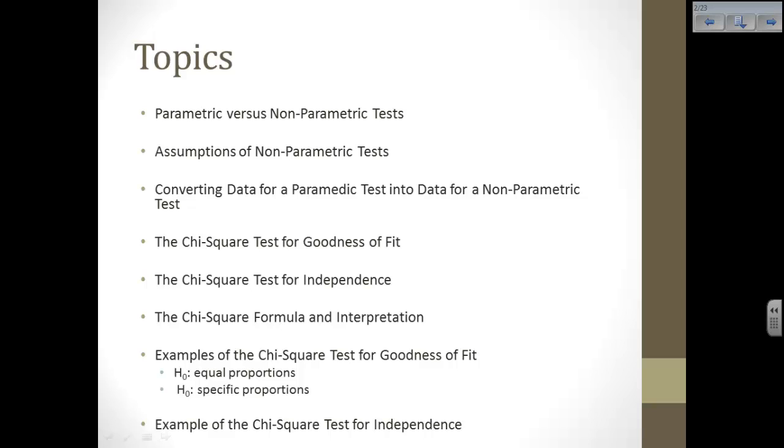Then I'll show you how you can take data that's initially designed for a parametric test and convert it into data that is acceptable for a non-parametric test, and some of the reasons why you'd want to do something like that. Then I'll talk about the difference between the chi-square test for goodness of fit and the chi-square test for independence, and then I'll show you the formula, how to interpret the formula, and then we'll do plenty of examples to make sure that this stuff makes sense to you guys.